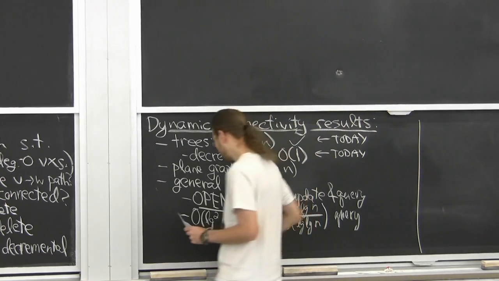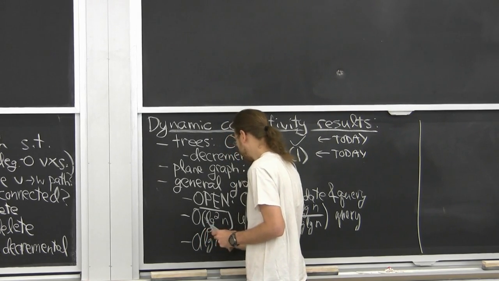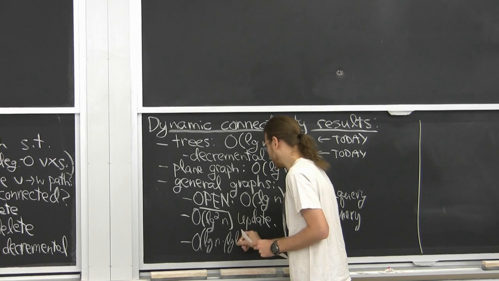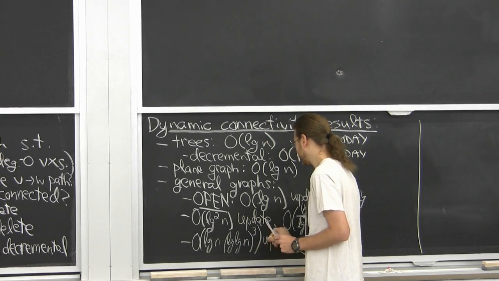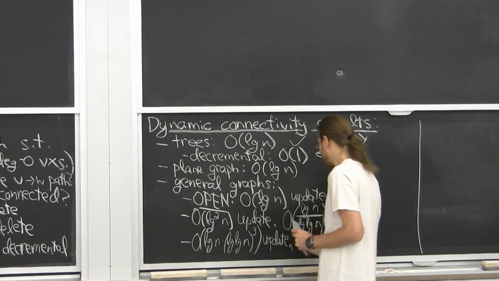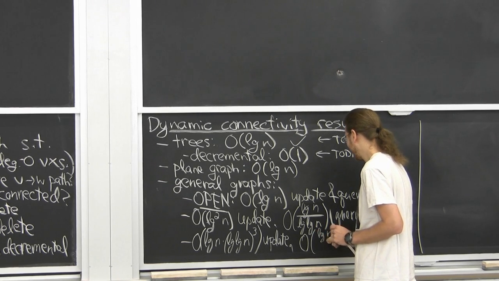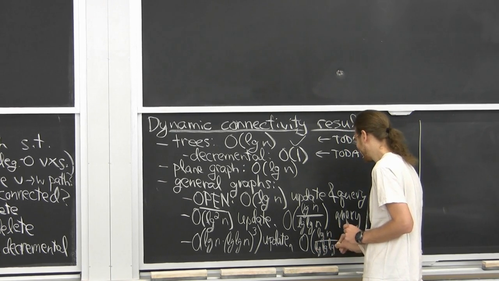And another result is you can do a little bit better than log squared. You can do log n times log log n cubed update. So roughly log n update, but there's some polylog term. And query slows down very slightly. It becomes log n over log log n.